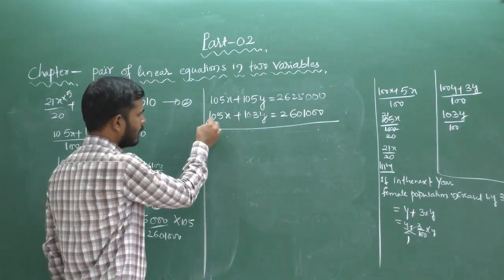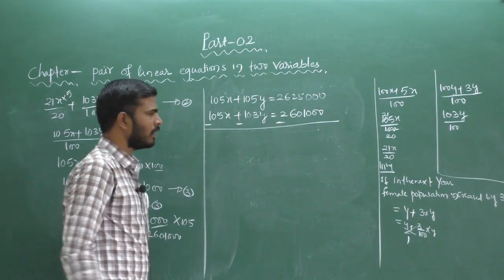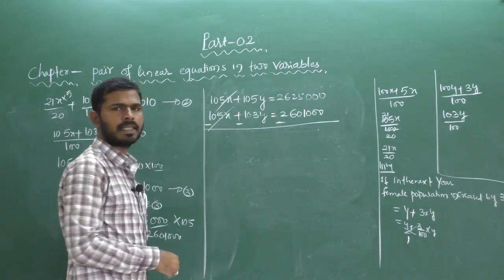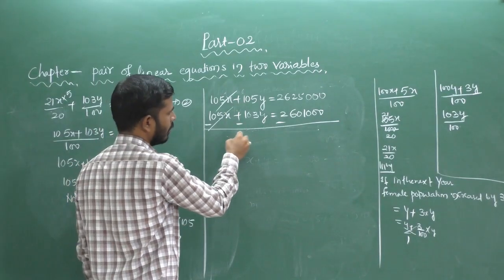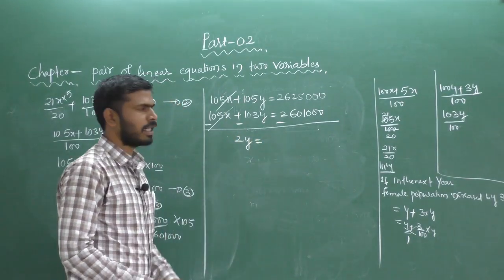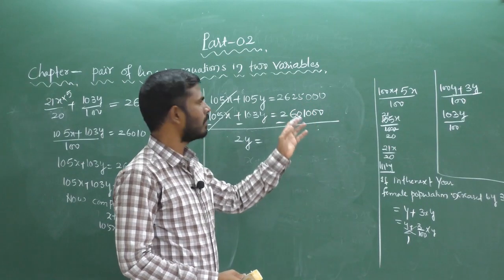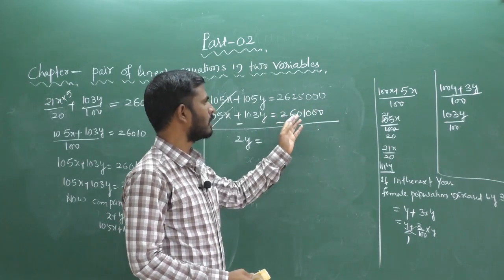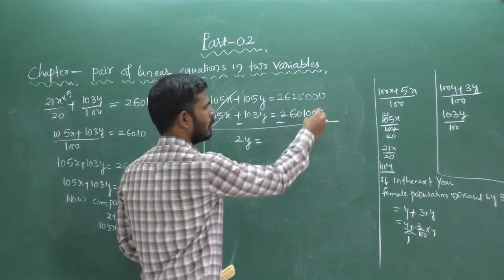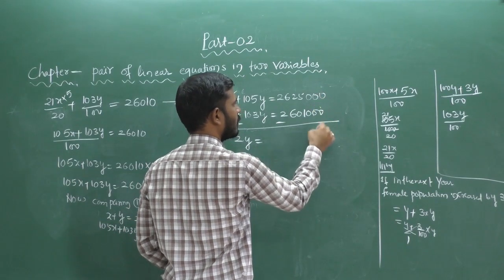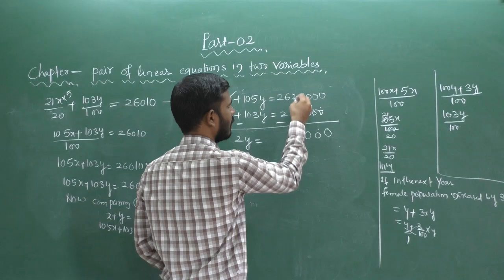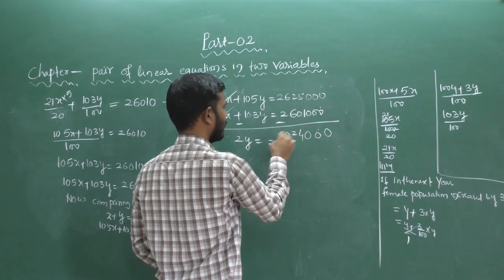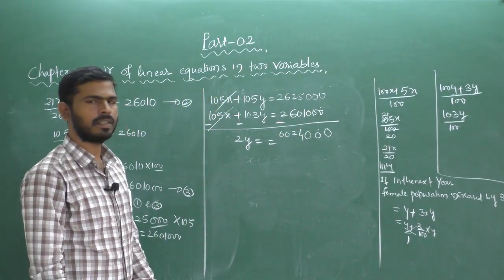So just you have to change the sign. 105x gets cancelled. Here 105, here 103, so we will get 2y. Next, 2,625,000 minus 2,601,000. So 0 minus 0 is 0, 0, 0, 5 minus 1 is 4, and 2. So we will get 24,000.